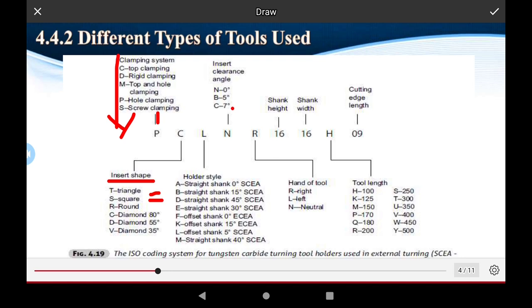Suppose there is also the R command, provided for the standard value of the CNC machines, for the hand of the tools. The hand of the tool is given by the command H: right, left and neutral.